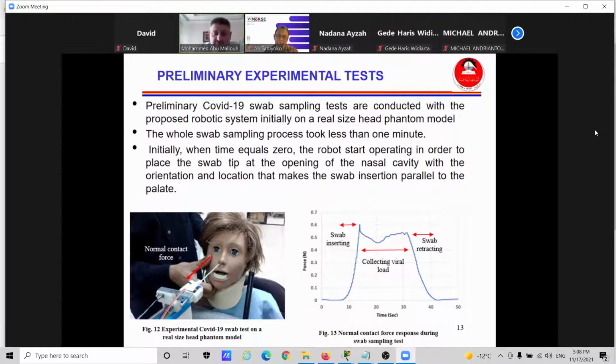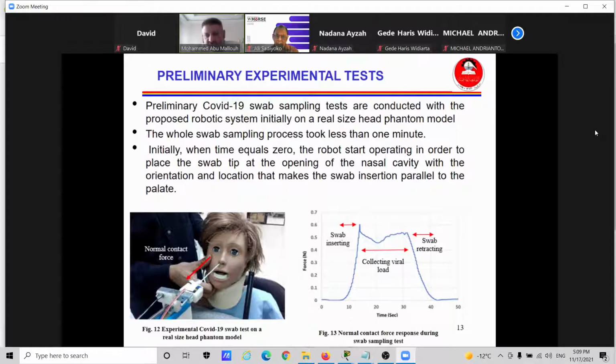It can't go further. And with the active controller, we managed to control the impact force or the contact force not to exceed 0.6 Newton, which is safe according to the literature. Then during this region here, we have the collecting of the viral sample, where the swab is rotating clockwise and counterclockwise.